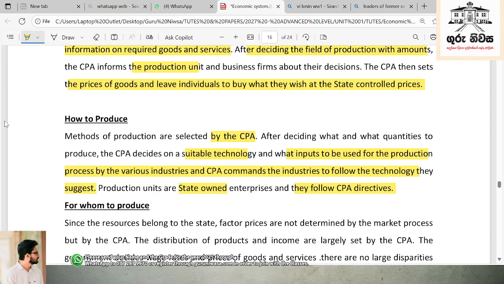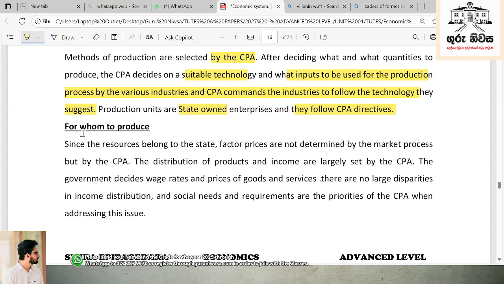Read one book, at least one book, a Russian book, then you can understand everything. Right. For whom to produce, how to distribute final goods. Since resources belong to the state, factor prices are not determined by the market process, demand and supply.